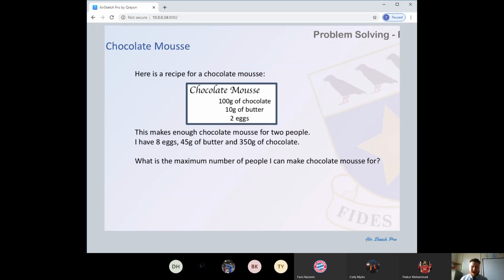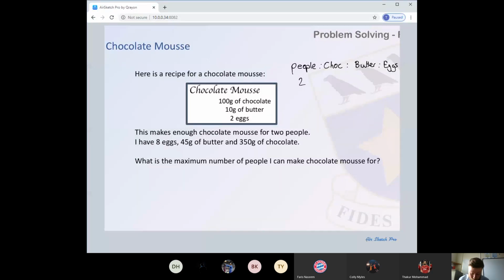We've got to take some steps in order to make sure we don't miss anything. So what I'm going to do is write it down sort of as a ratio, but it's not really a ratio. It's kind of like that. So if we say that we have the number of people is 2, and for that we need some chocolate, we need some butter, and we need some eggs.